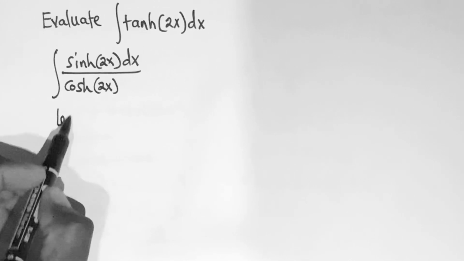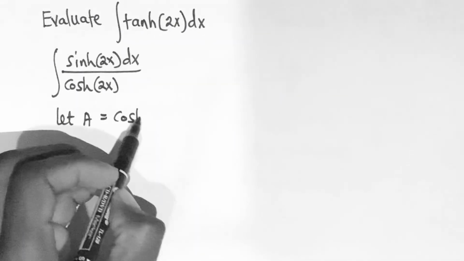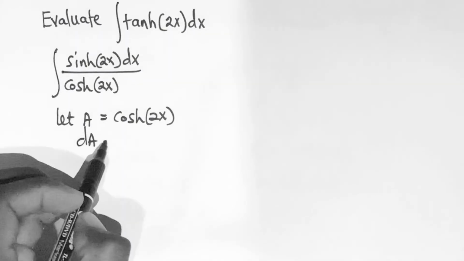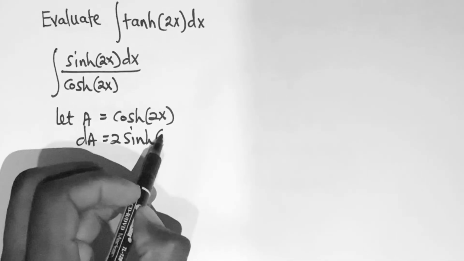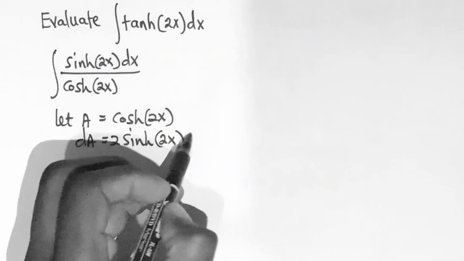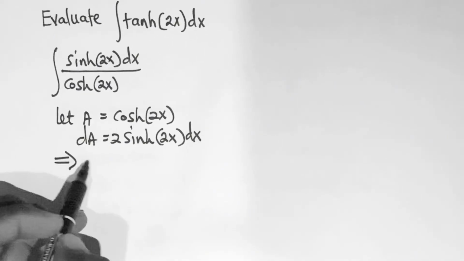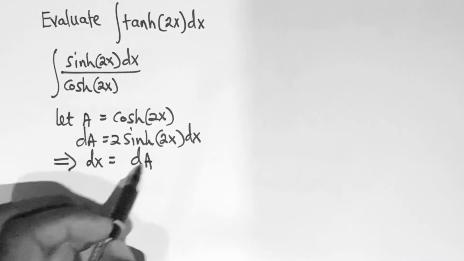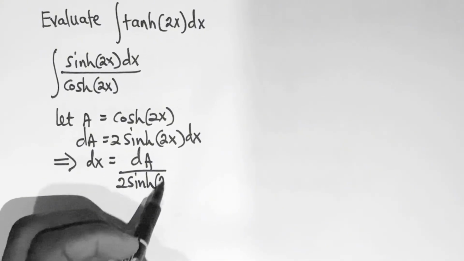So let's let A be equal to cos 2x. Now dA is equal to 2 hyperbolic sine of 2x dx. So making dx the subject, it implies that dx is equal to dA over 2 hyperbolic sine of 2x.